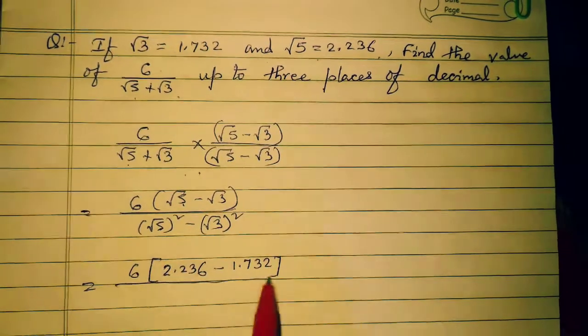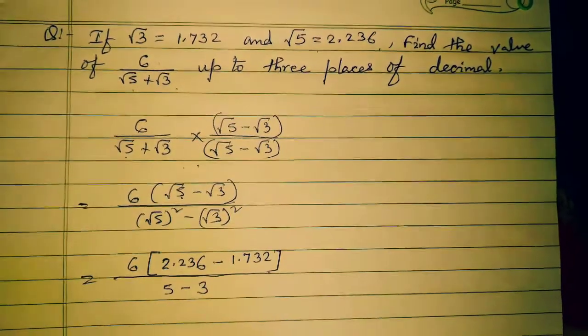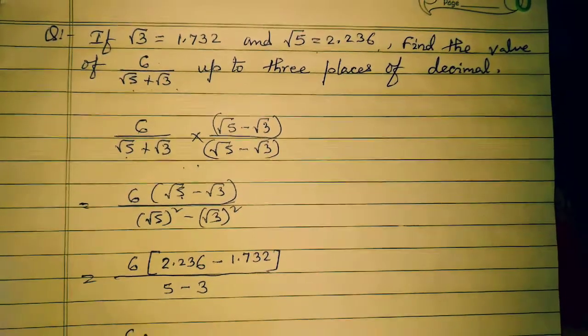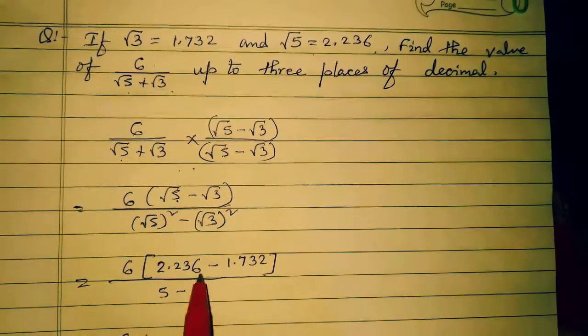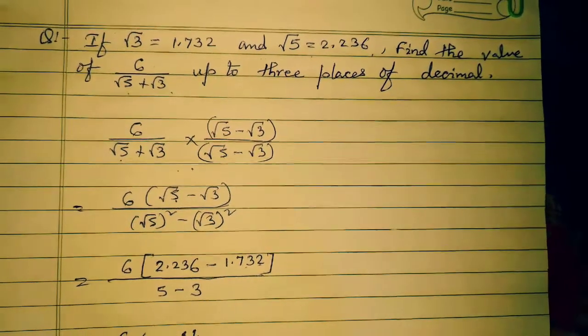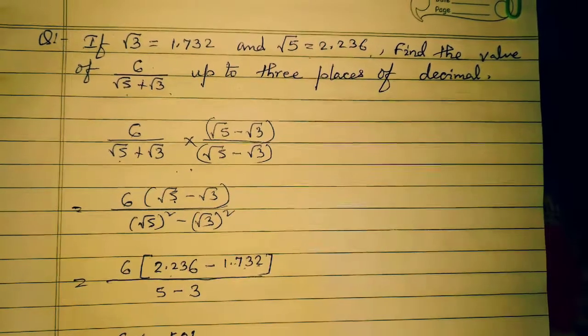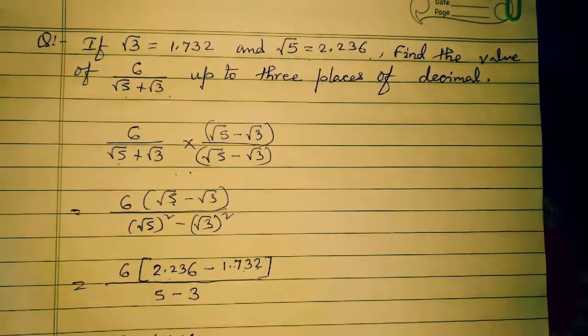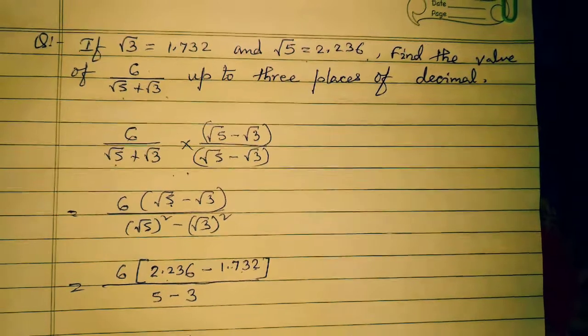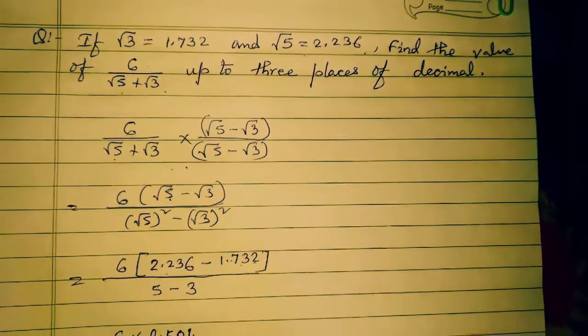Root 5 whole square is 5, and root 3's whole square is 3. So 6 into, under the bracket, 2 minus 6 is 4, 3 minus 3 is 0, 7, and 12 minus 7 is 5, so this is 0.504 over here. Clear, student? Divided by 5 minus 3, which is 2.